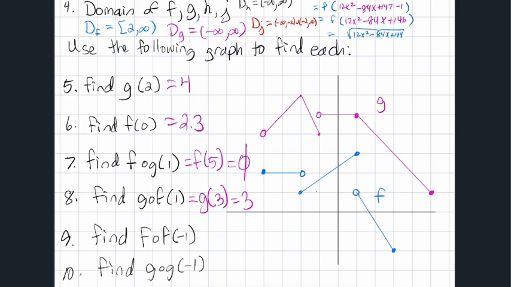So for number 9, okay, so f of -1 comes first. So start with f of -1. So f of -1, we go over to an x value of -1. We find the f function. So let's say that's 1.7. Do you think maybe at 1.7? Okay, so this is going to be f of 1.7.